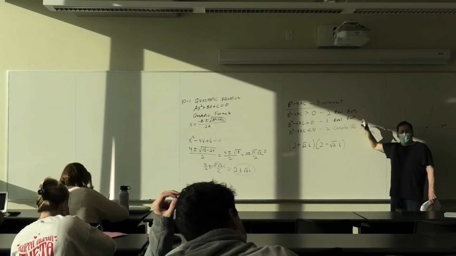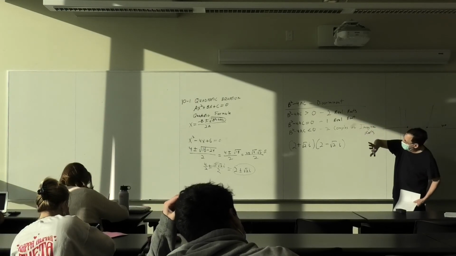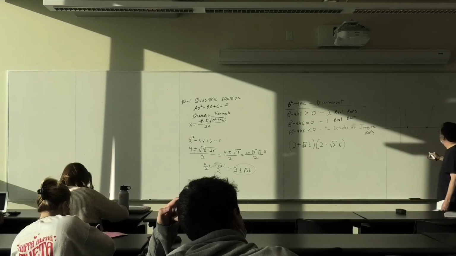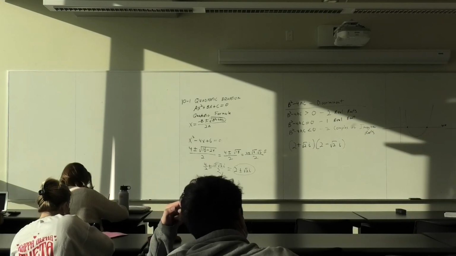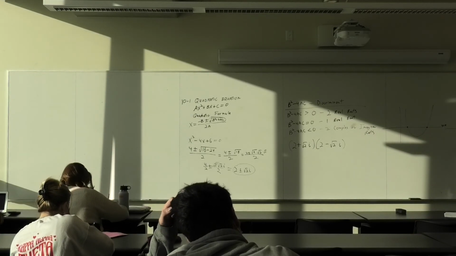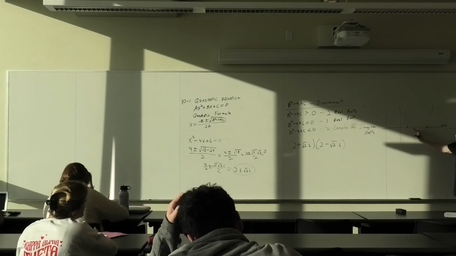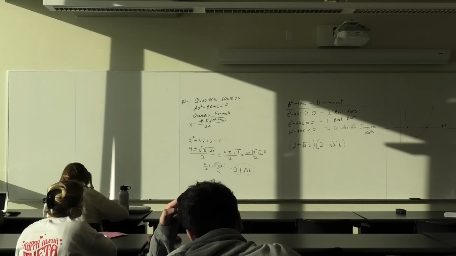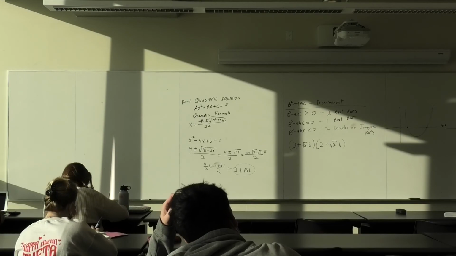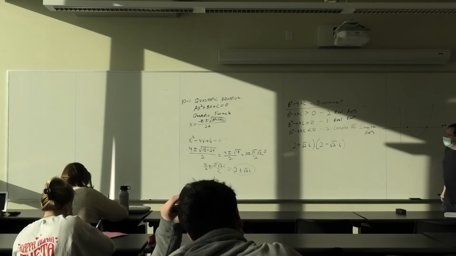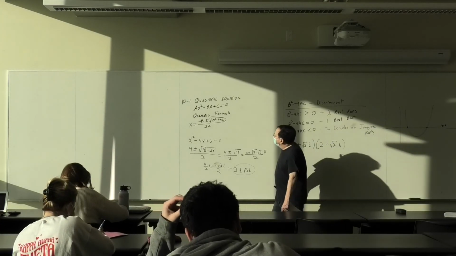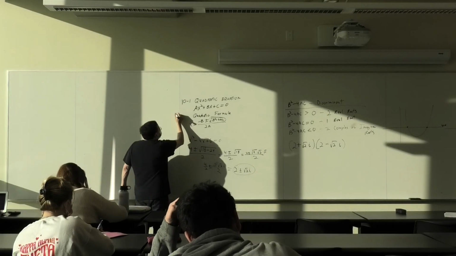This is a big jump here. We're going from the equation to the picture. The same thing is true here. Does anyone know how you can tell right away whether it's going to be shaped this way or shaped this way? Okay, we don't have a lot of time for this.